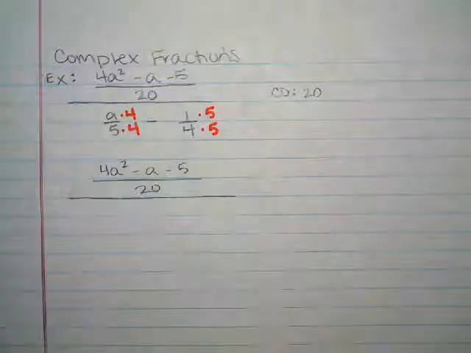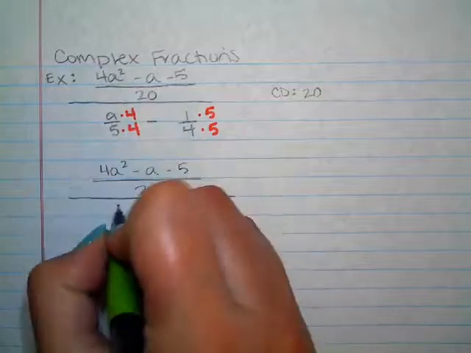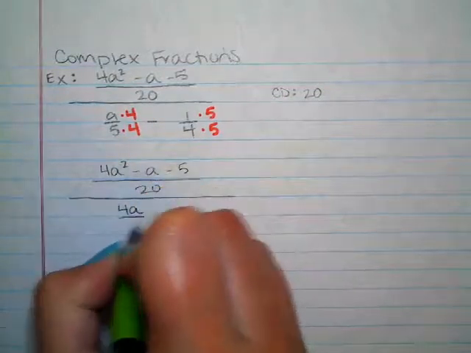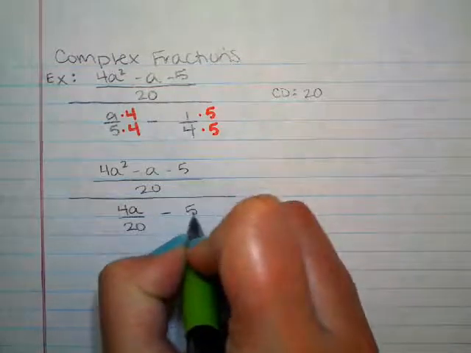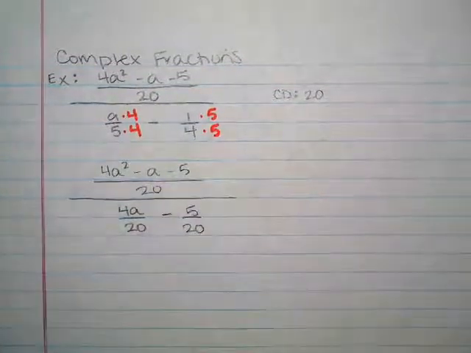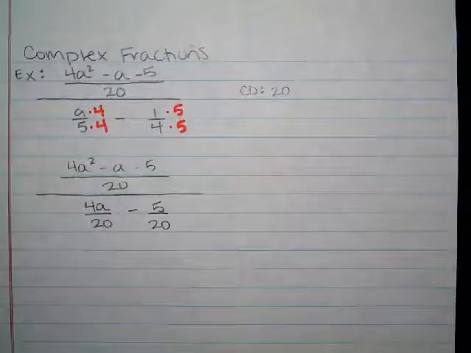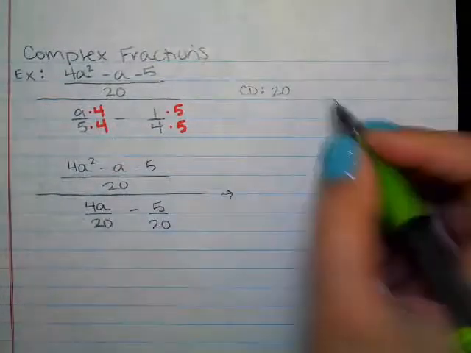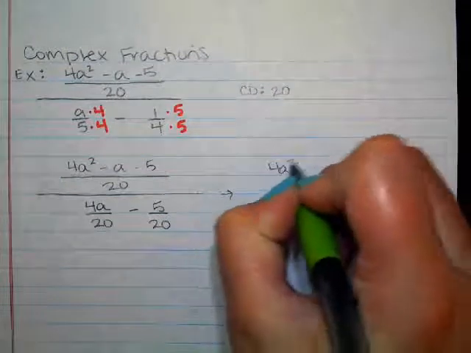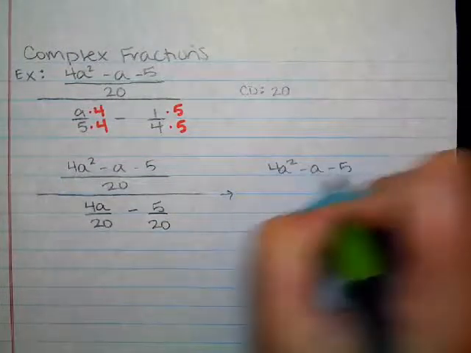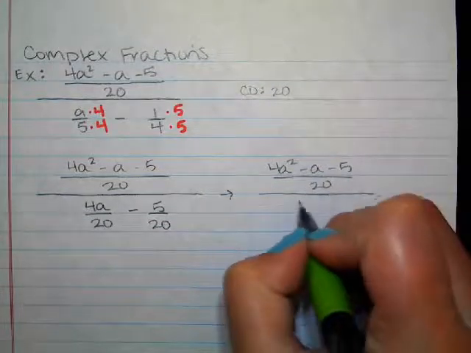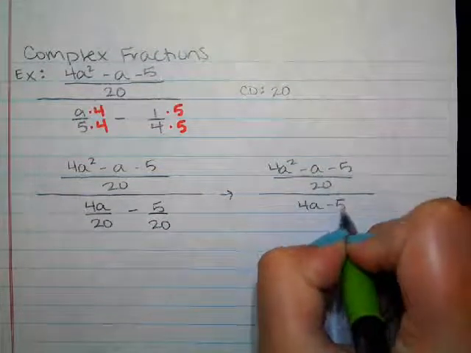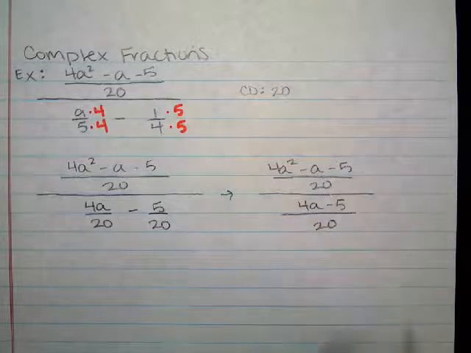And in the denominator, we have 4a over 20 minus 5 over 20. So now instead of writing it as 3 fractions, we can write it as 2: (4a minus 5) over 20, divided by (4a minus 5) over 20.